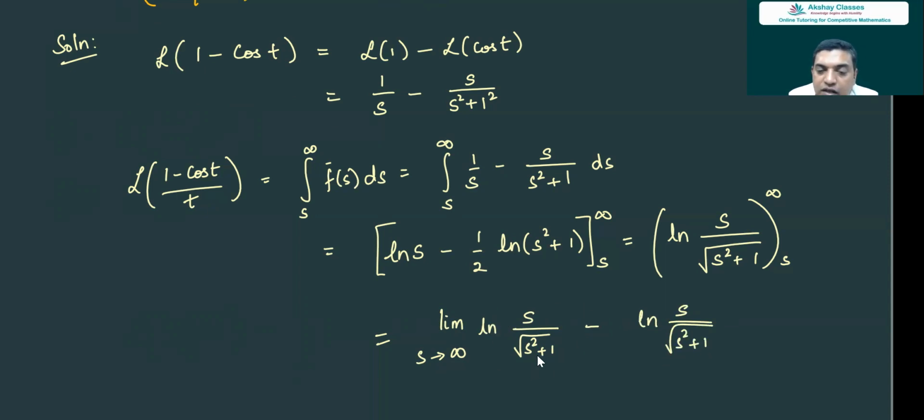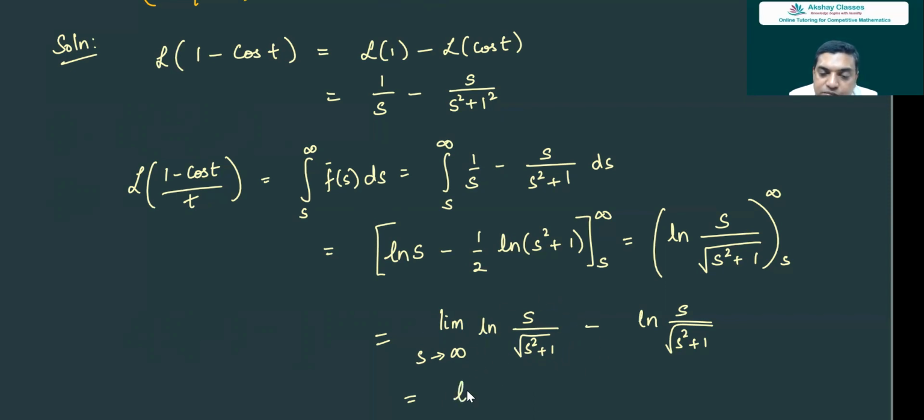As s tends to infinity, you can divide by s, numerator and denominator. We'll get 1 upon under root of 1 plus 1 by s square. As s tends to infinity, it will be 1 by under root 1 plus 0.